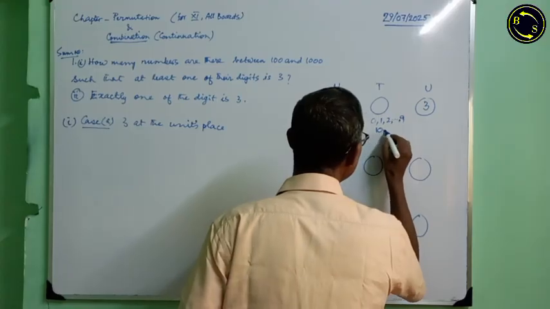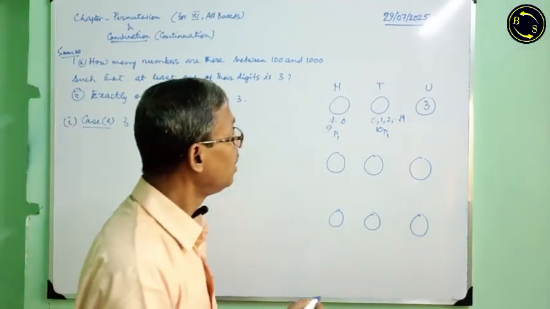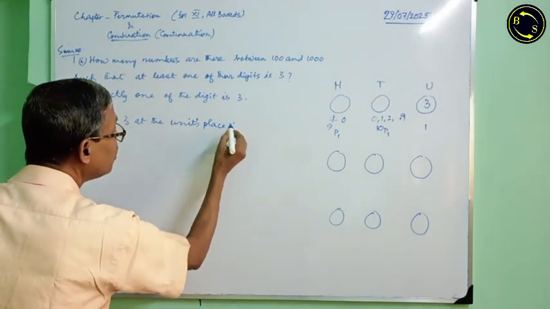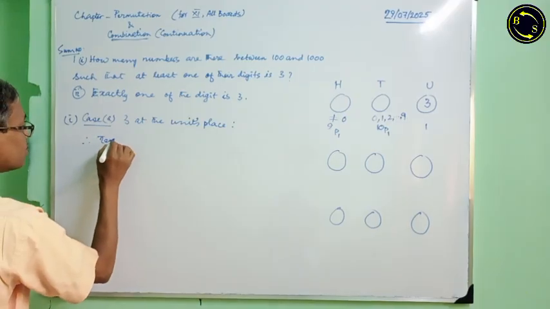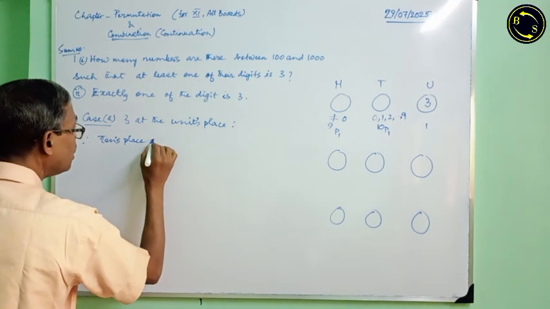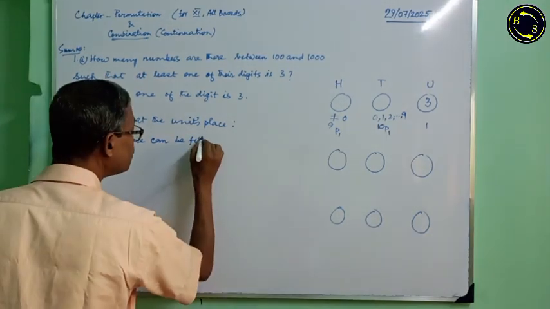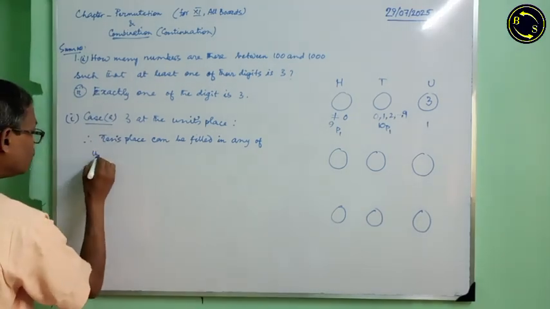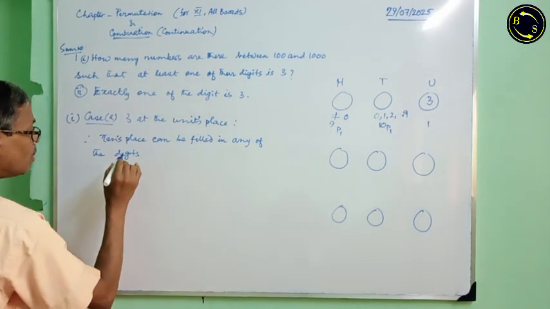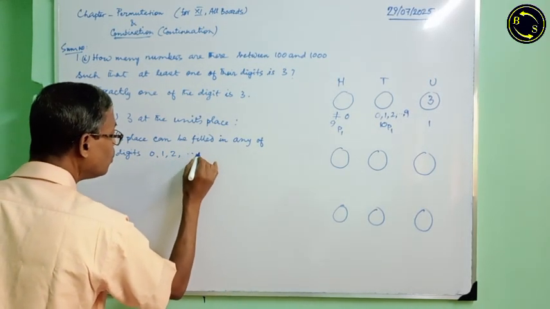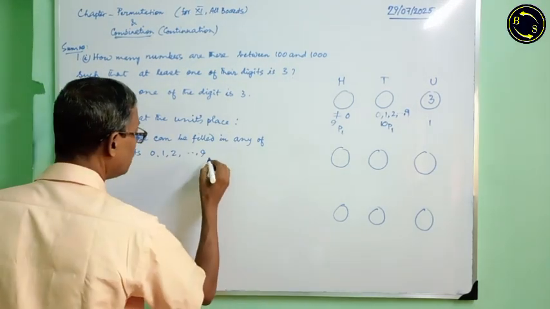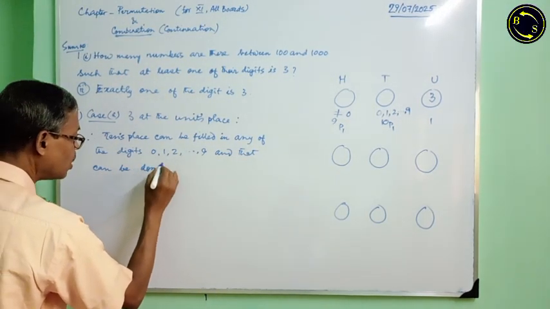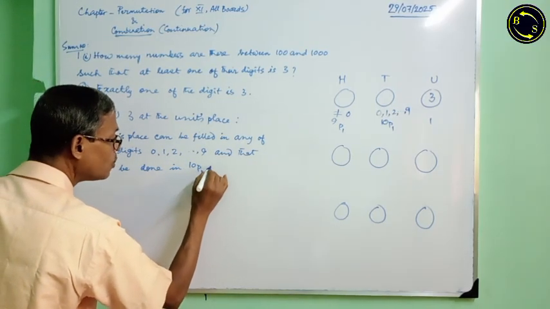That means 10p1 ways, and this is filled in one way. 3 at the units place, therefore tens place can be filled in any of the digits 0, 1, 2, 9, and that can be done in 10p1 ways.